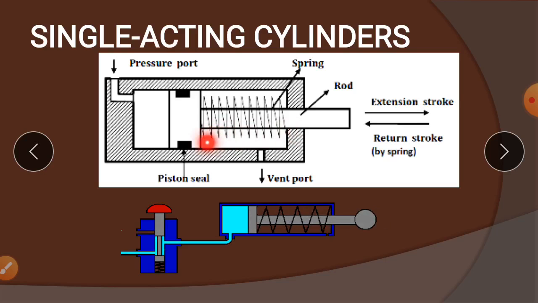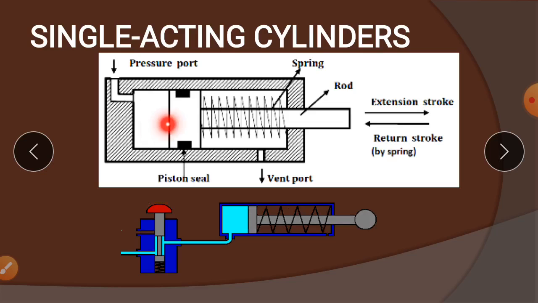Because of the contraction of the spring, it stores energy. As the piston moves to the rightmost portion, the maximum energy is stored in the spring, and the maximum extension stroke is achieved.